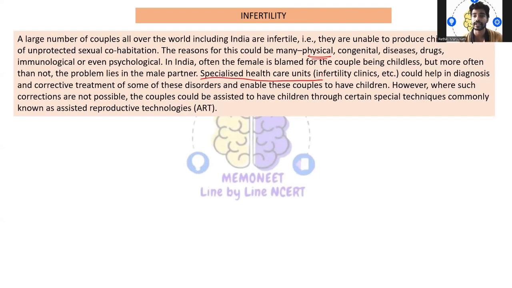In the male, they check whether he is able to produce proper healthy sperm or not. In the female, whether she is able to produce a proper healthy ovum, the egg, and how the menstrual cycle is going.